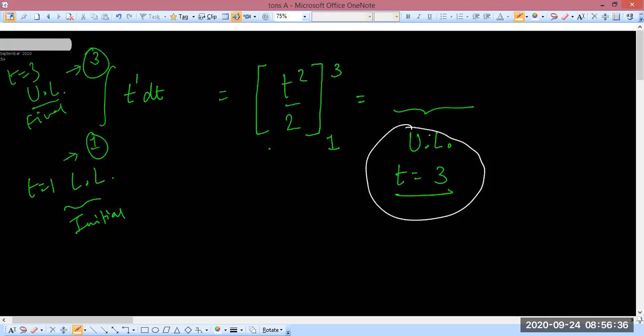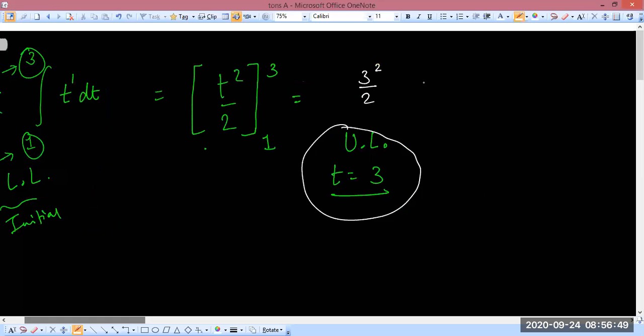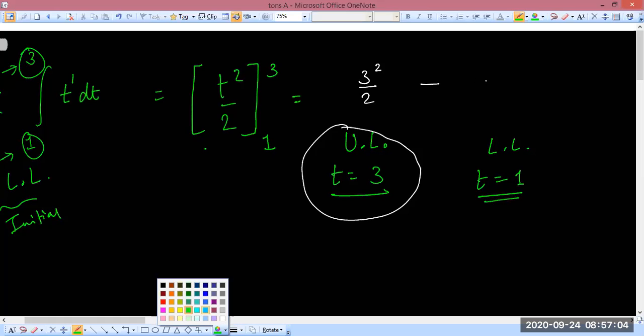Now we put the upper limit, so t equal to 3, and this will become 3 square by 2. Clear? Then you compulsorily put a minus sign, and then you put the lower limit, which is t equal to 1. So this would become 1 square by 2. Got it?